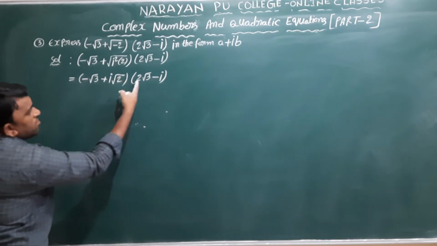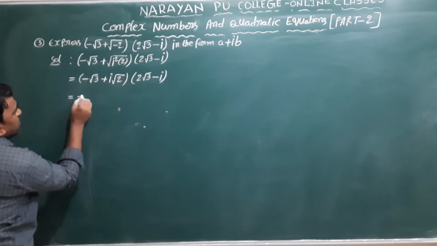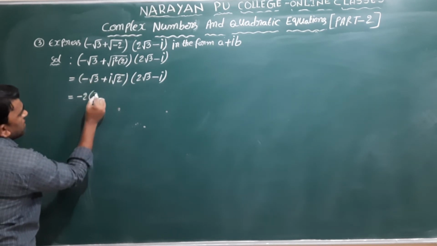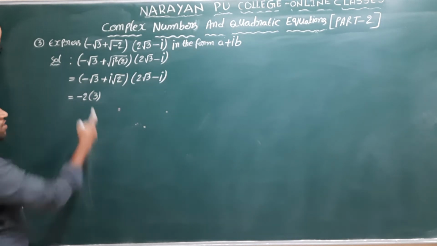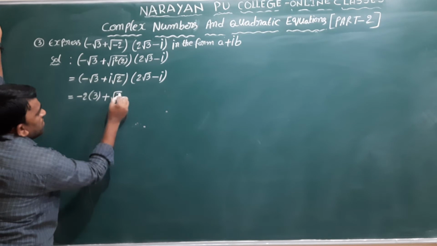Now minus root 3 into this complex number. Minus root 3 into 2 root 3 is minus 2 root 3 into root 3, which is 3, minus root 3 into minus i, so minus into minus is plus root 3 i.